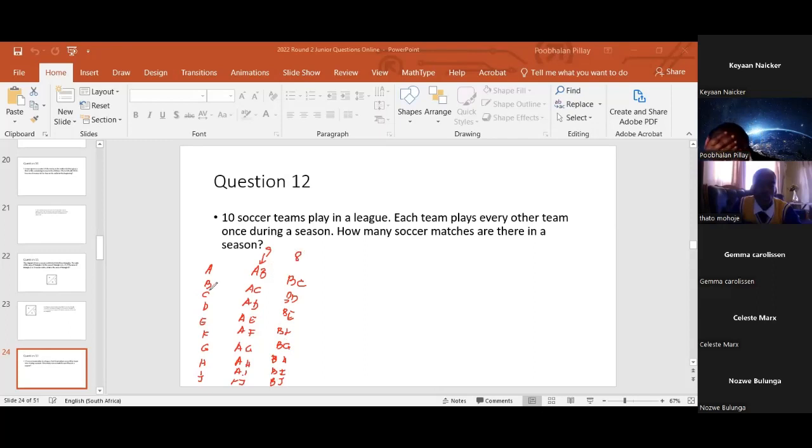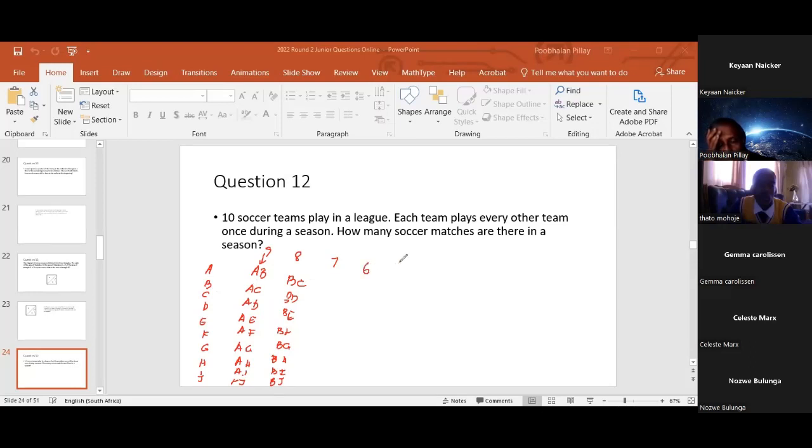Once you discard A, then you've got 8 matches for B. And if you try C, you'll see that you've got 7 matches because now you must discard both A and B. Those are already counted. So for C, you will have 7 matches.